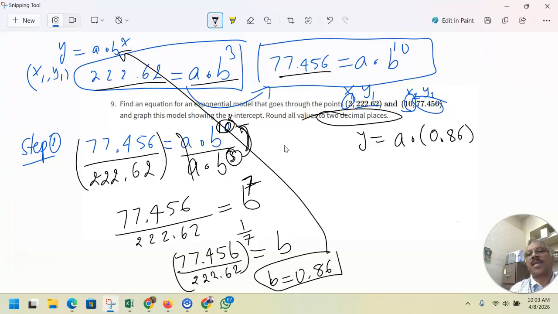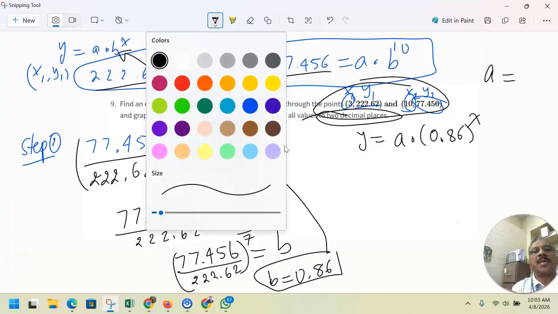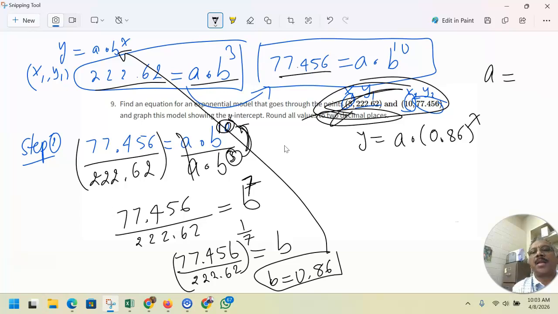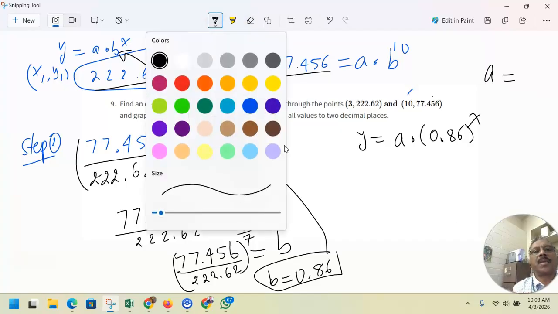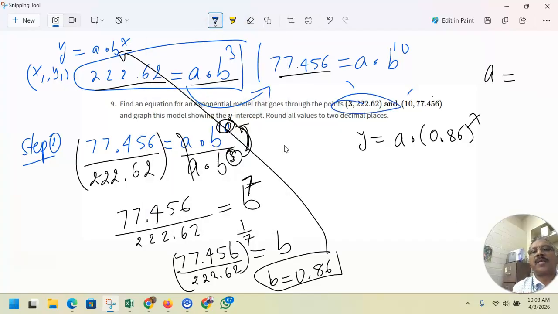Our next step is to find a. A is our goal, right? So we will use one of these points here. The best way to plug in, I think, is to plug in the first one. So let's plug in this as your x, y. The y is 222.62, a we don't know, and x is 3.